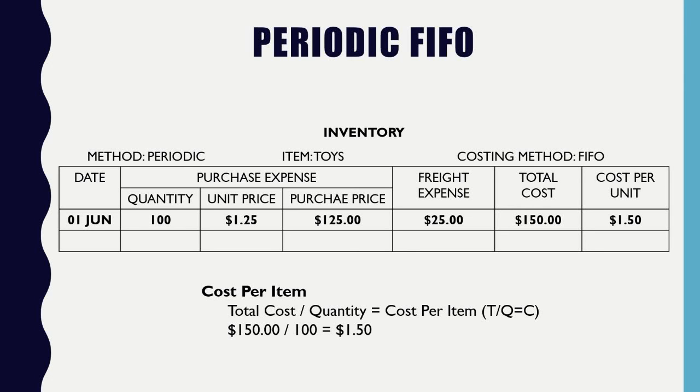Okay, so in this case, every time I sell this very first item, I'm going to make sure I calculate it at $1.50 to cover the cost it took to ship those items to me. Okay? Any questions as to how I calculated this or why I calculated this?